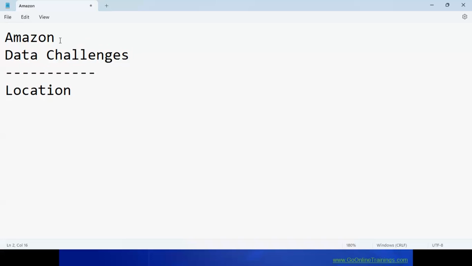Who's Amazon? Amazon is my customer. I'm working for the Amazon company as a developer. The Amazon company is telling me we don't have the data in a single location. I have some data in India, some data in the US, some data in Dubai. So they have all the data located all over the world.